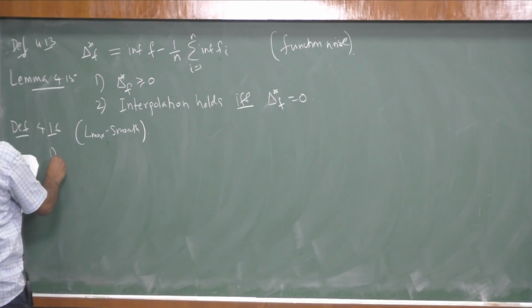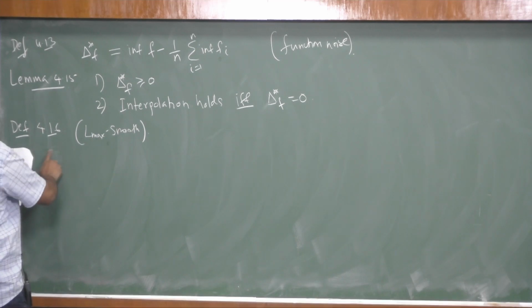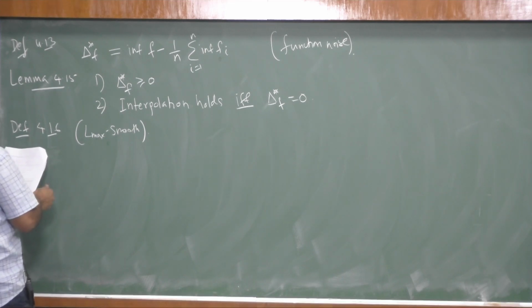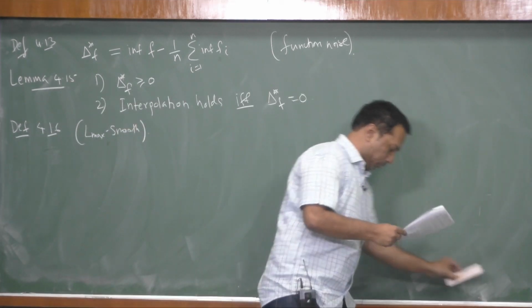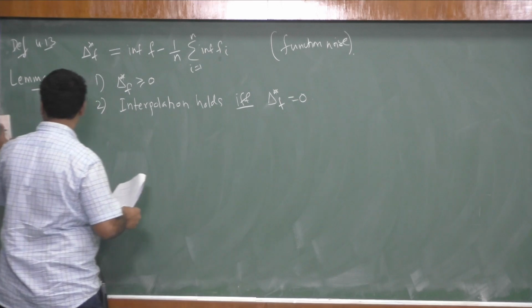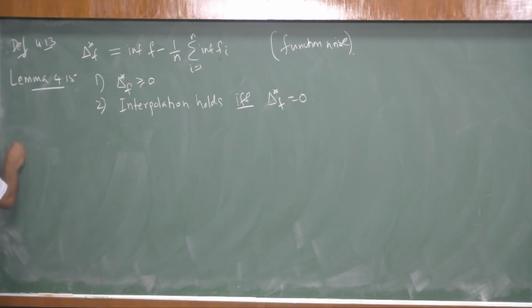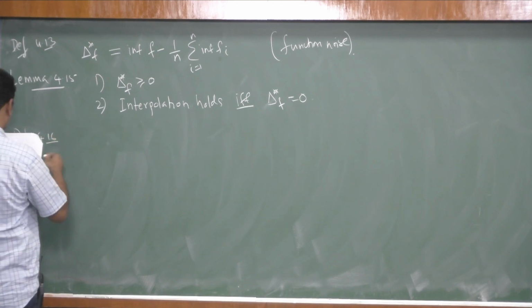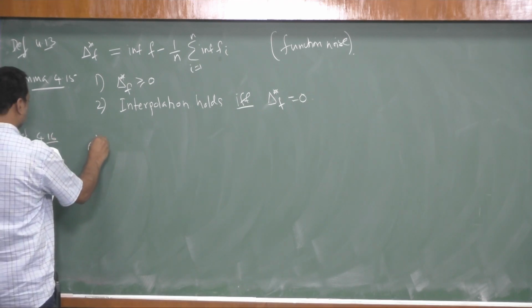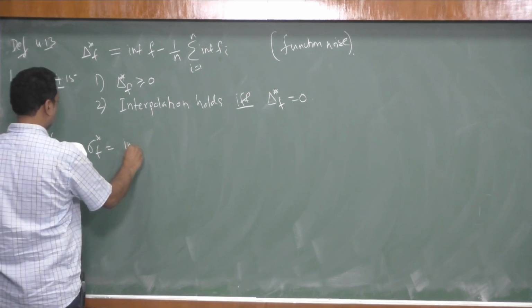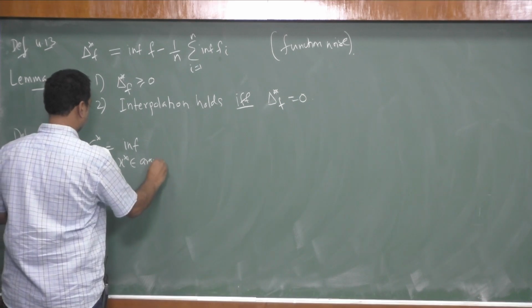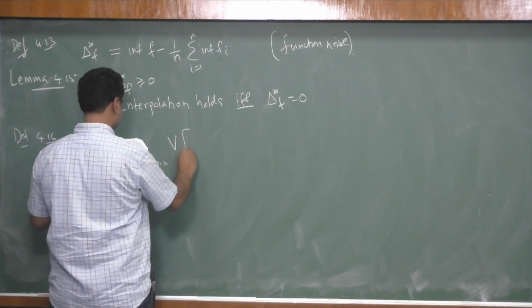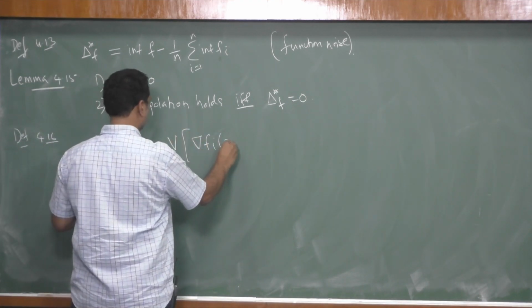The first thing we define is the gradient noise, which is sigma star f. In definition 4.16, sigma star f is the infimum over x star in arg min of the variance of grad fi at x star.